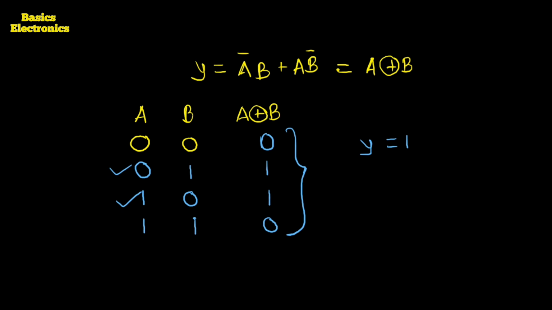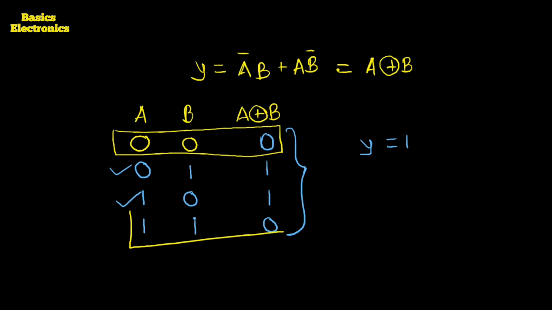Then secondly we can say the XOR gate produces logically low output when equal inputs are applied, when the same inputs are applied.